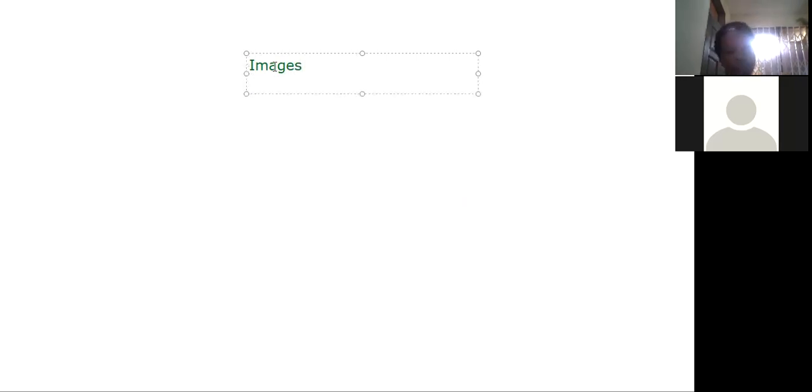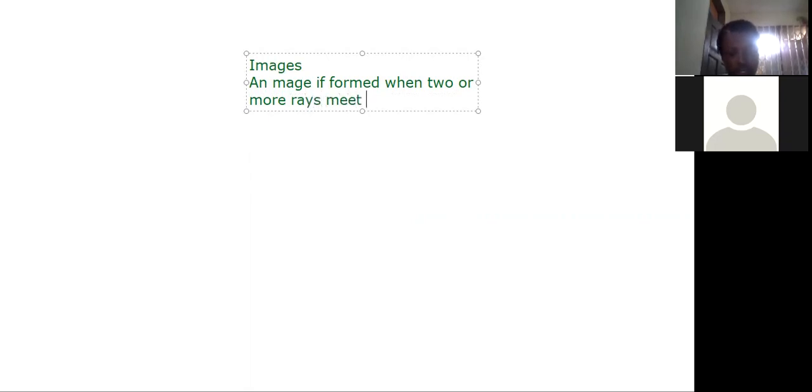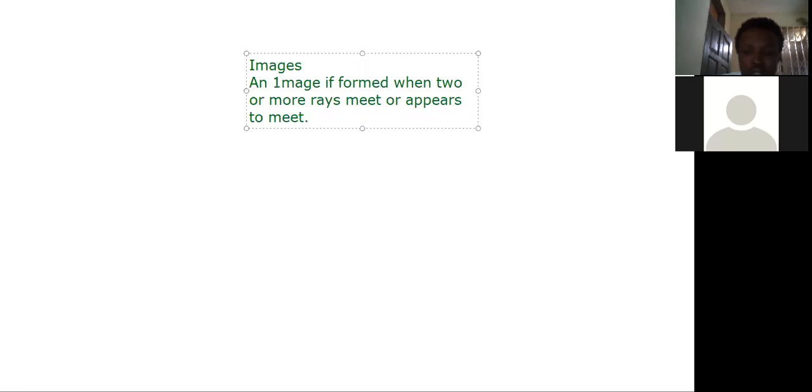Now we are saying that an image is formed when two or more rays meet or appear to meet.